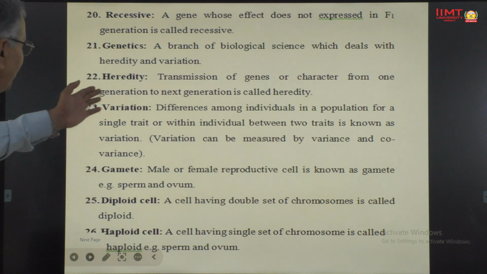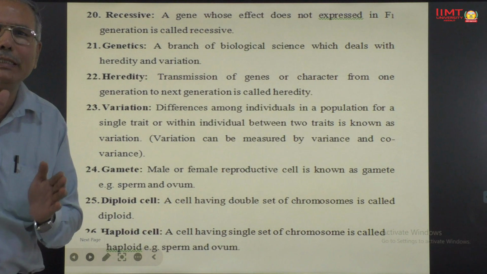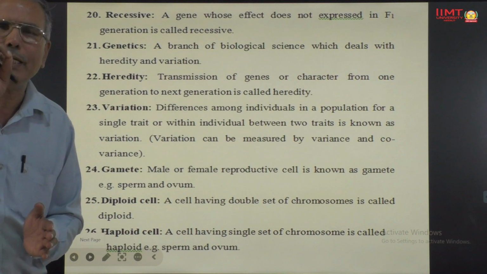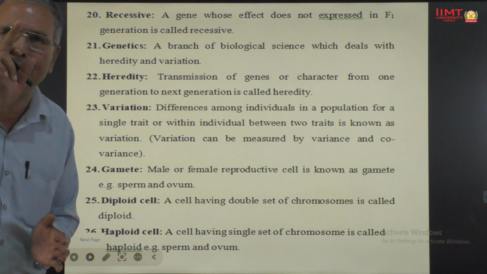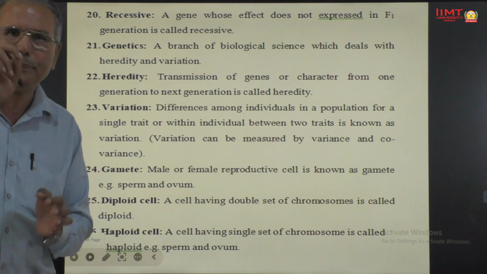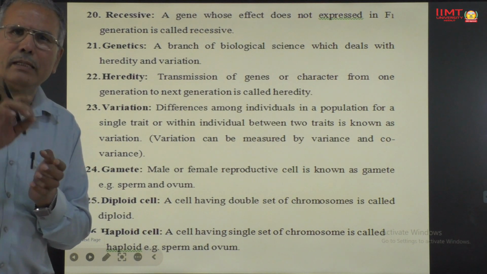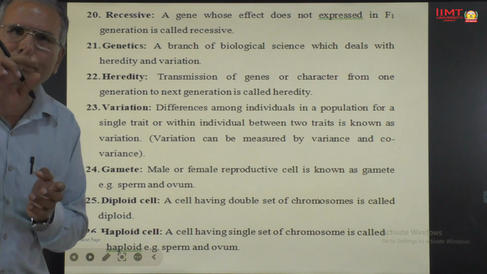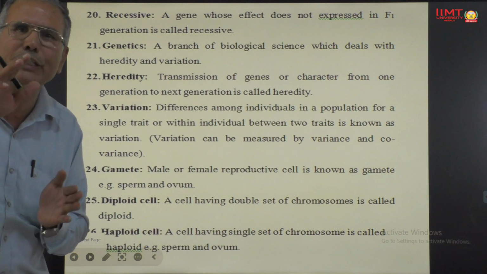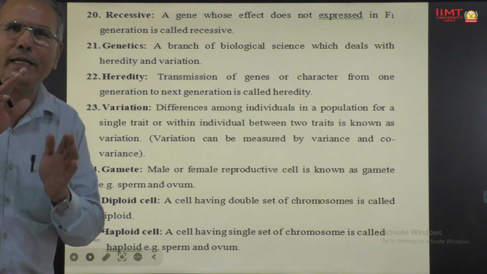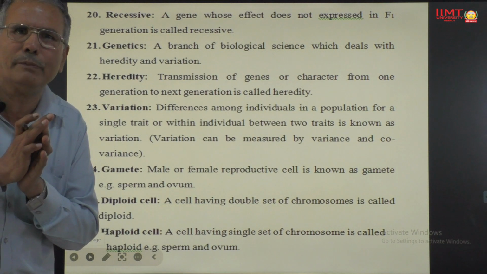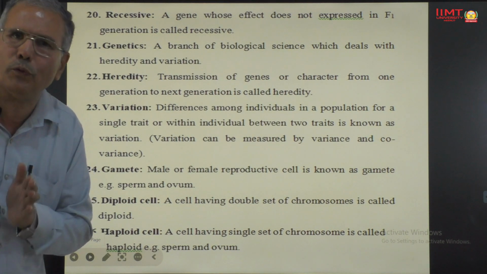What is variation? Differences among individuals in a population for a single trait, or within an individual between two traits, is known as variation. And variation can be measured by variance and covariance.